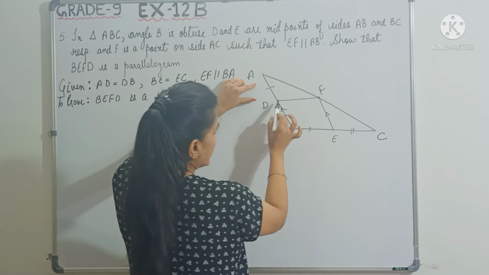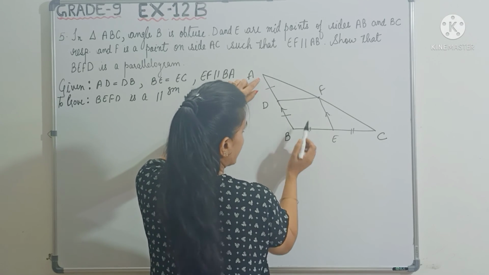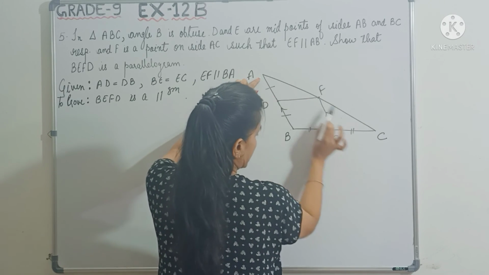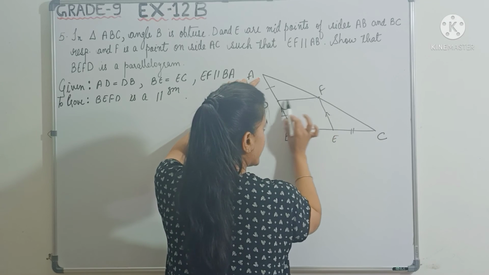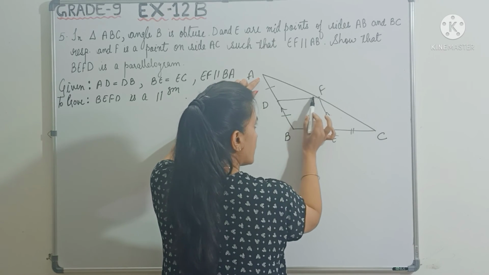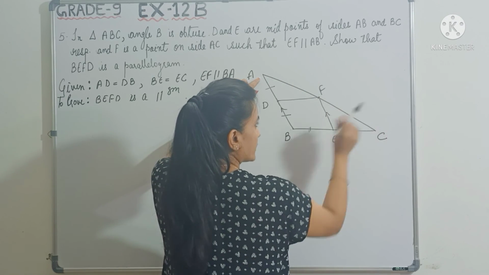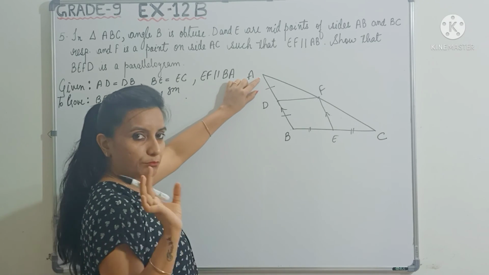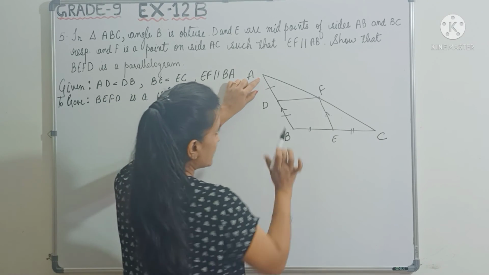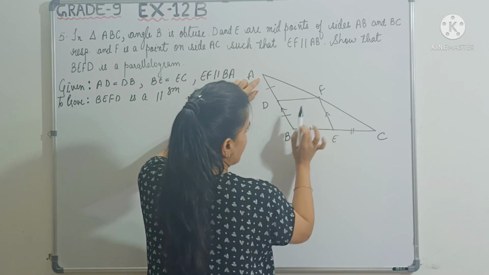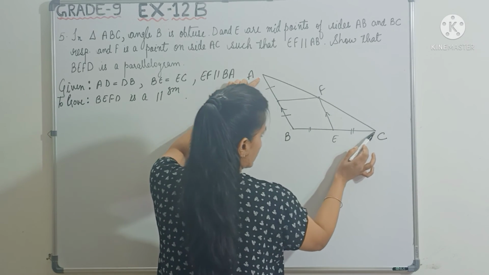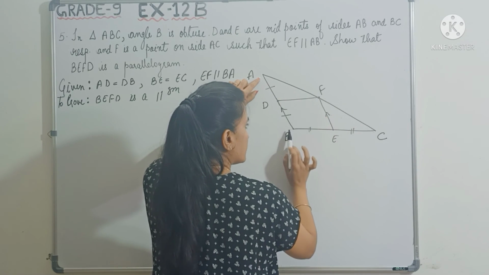Now if you see, D is the midpoint of AB and F is the midpoint of AC. So this is the line connecting the two midpoints of two sides of the triangle. So now from the midpoint theorem, I can say that DF will be parallel to BC. So this implies DF will be parallel to BE.